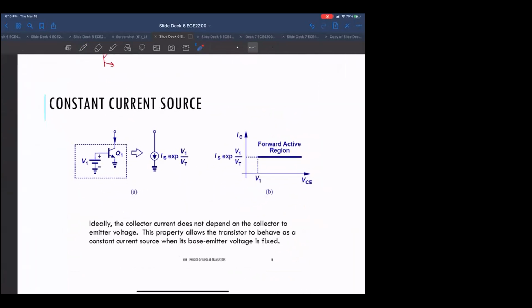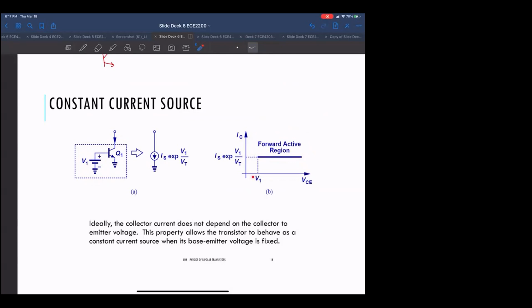If we hold the base emitter voltage constant at V1 and we look at the collector emitter voltage versus current, it's going to look like a constant value as long as this is in forward bias and this is in reverse bias, as long as we're in this forward active region, which is this region here in terms of voltage.